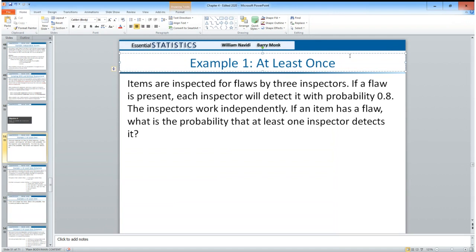Now, there are 3 inspectors, and they work independently. In other words, that 0.8 applies to each one of them. One does not affect the other. Now, they ask us, if an item has a flaw, what is the probability that at least one inspector detects it? So rather than work with the at least directly, we're going to go ahead with none.